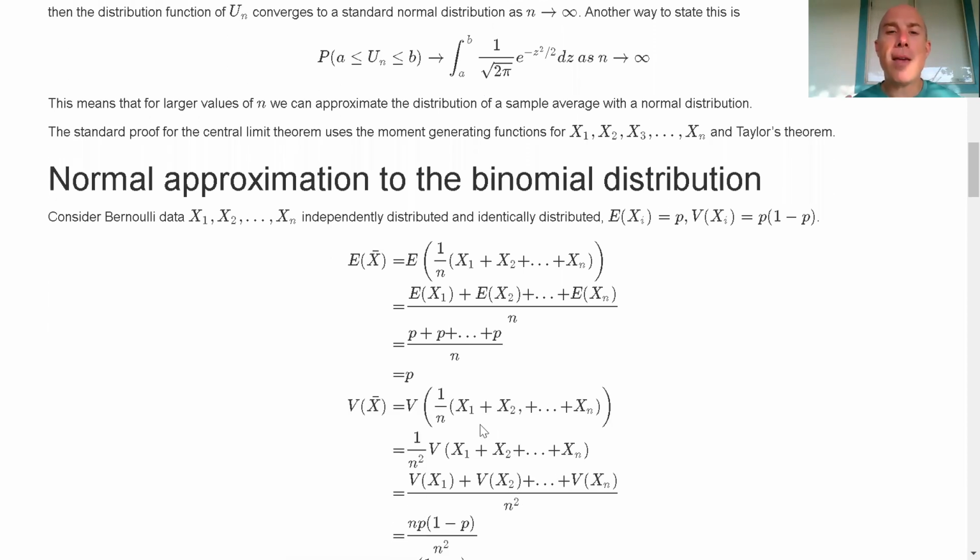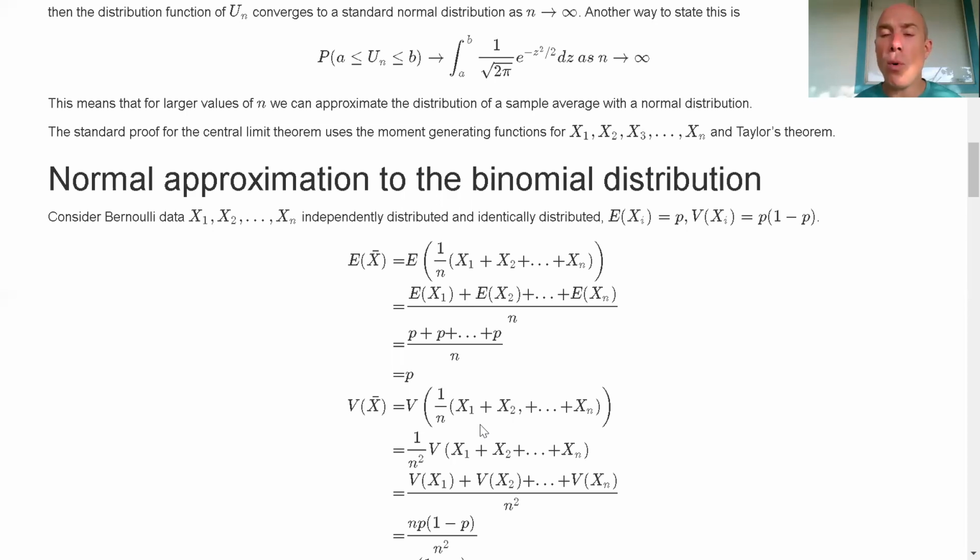All right, so let's go ahead and take a look at actually using this. Let's say that I have a large number of trials that are Bernoulli, and they're independent, identically distributed. And I'm working in a situation where the computations are kind of ugly. Remember that if I'm looking at the binomial distribution, I have those n choose k factorials going on.